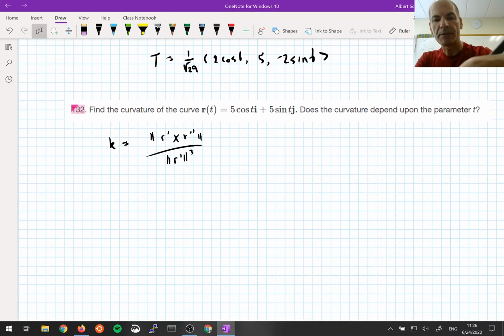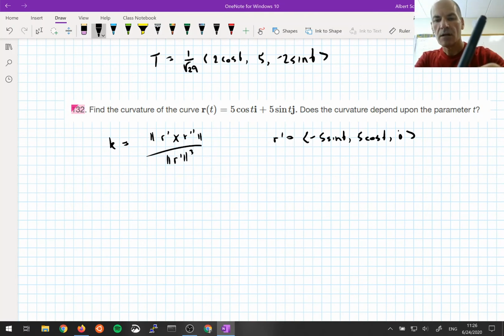to compute kappa. R prime is simply minus 5 sine t, 5 cosine t, and 0. R double prime, again, we have to include this third component, even though the original curve might be considered two-dimensional, because we're going to do a cross product, and the cross product only works on three-dimensional vectors.